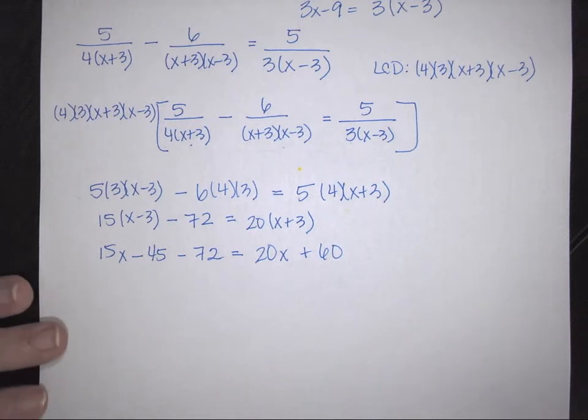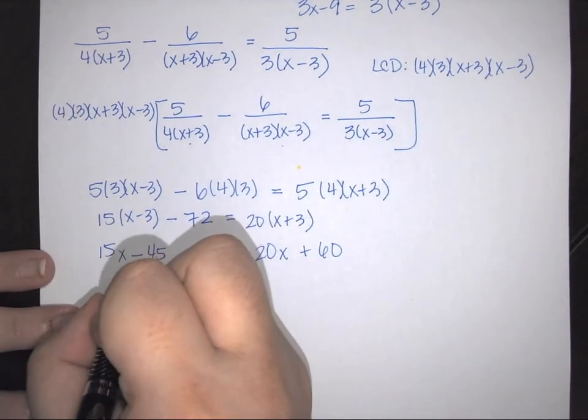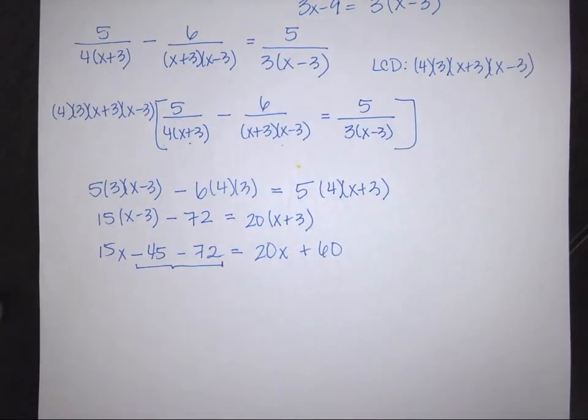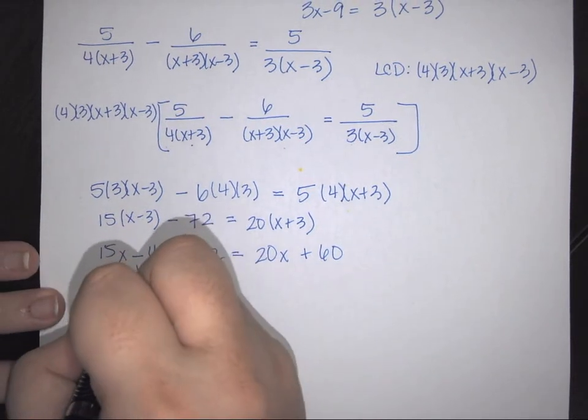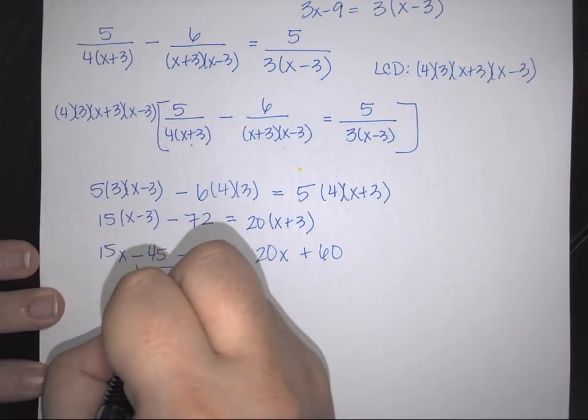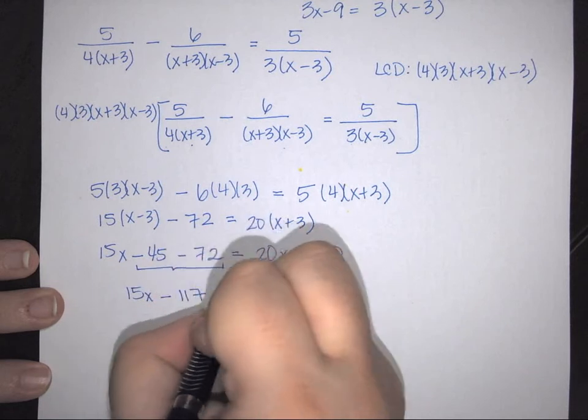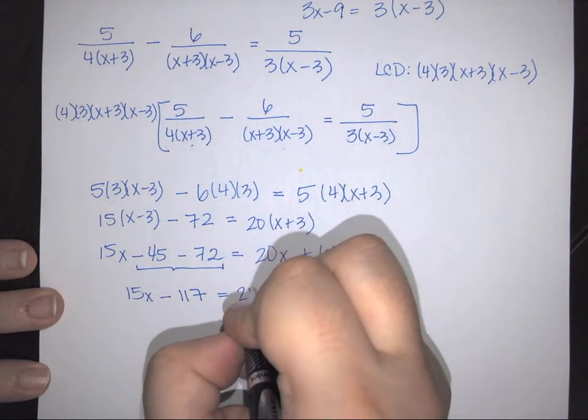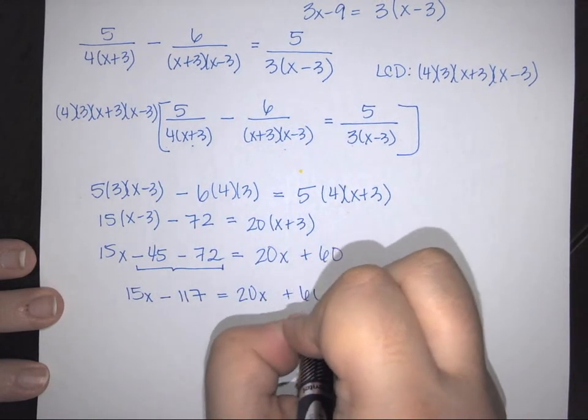I need to combine everything, and when I combine stuff, I like to start with just one side of an equation, so I would start here. And negative 45 minus 72 is going to give me 15x minus 117 equals 20x plus 60.